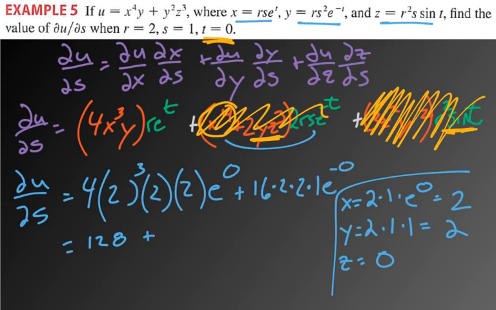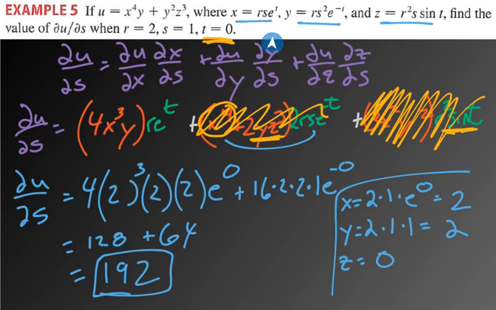So I'm going to add to that a 64, which works out to be 192.